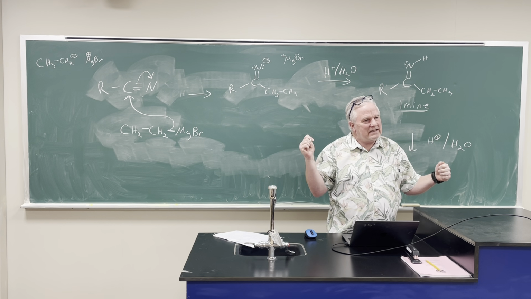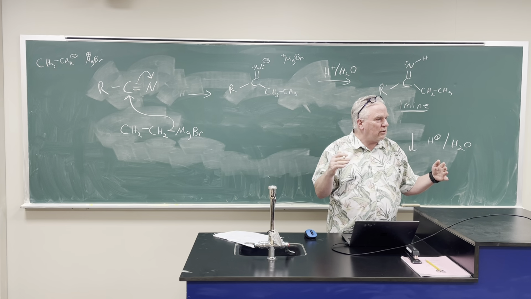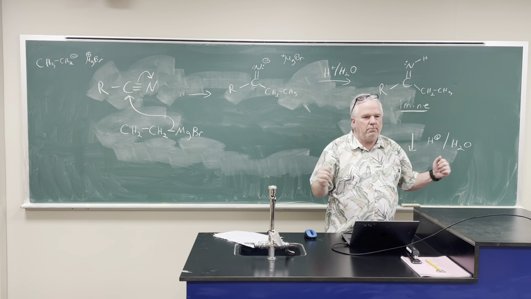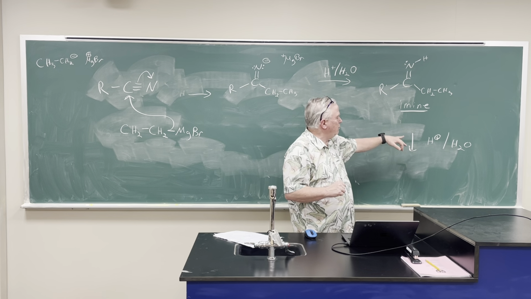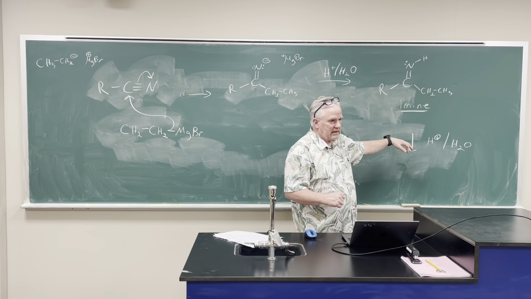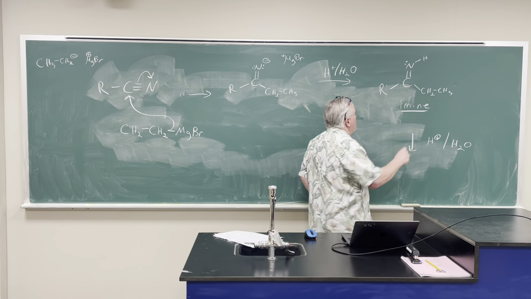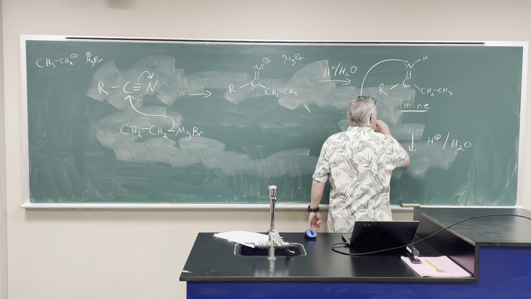Each one of these steps is an elementary reaction, and it makes up this complex reaction. So now, what do we do? Our next elementary step, we threw lots of acid in there. We're just going to protonate this. Just a proton transfer reaction.